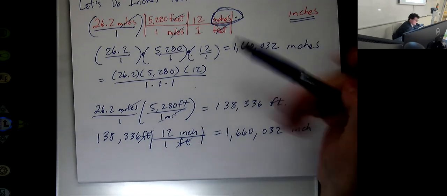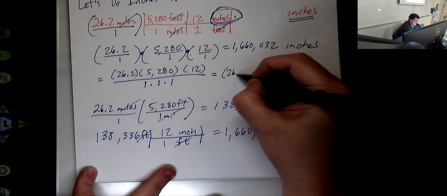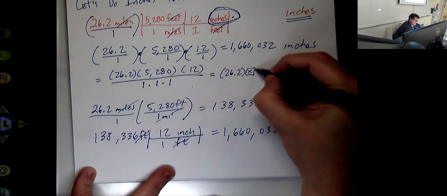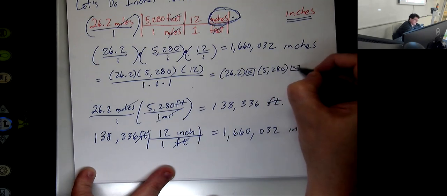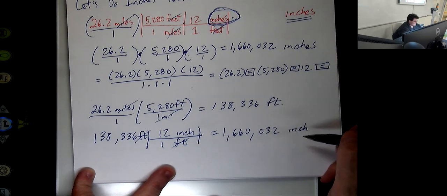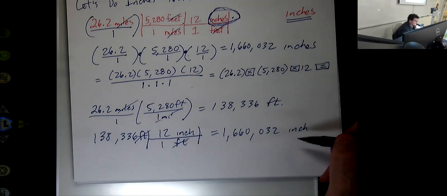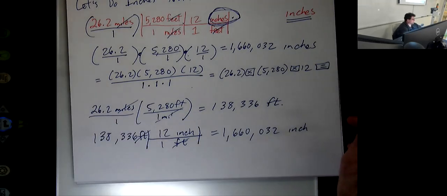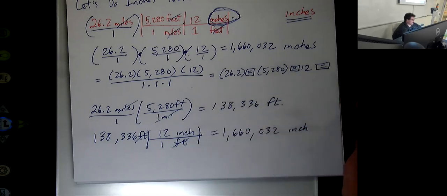So in a calculator, I can do 26.2 times 5,280 times 12 equals, and it'll spit it out. So you can do it in parts, or you can do it all at once.